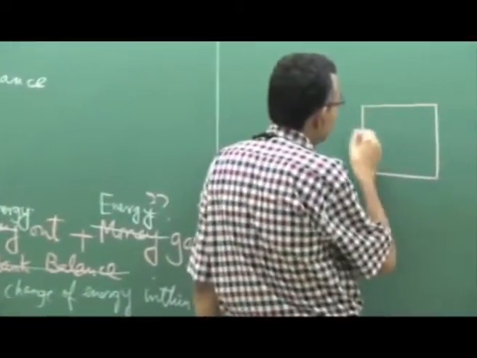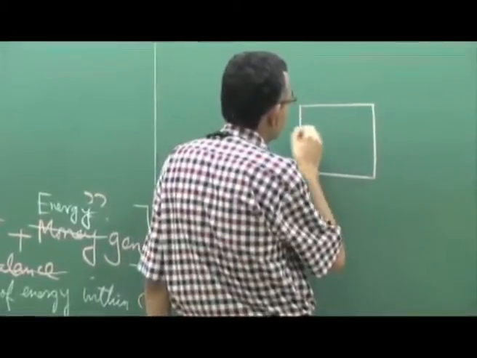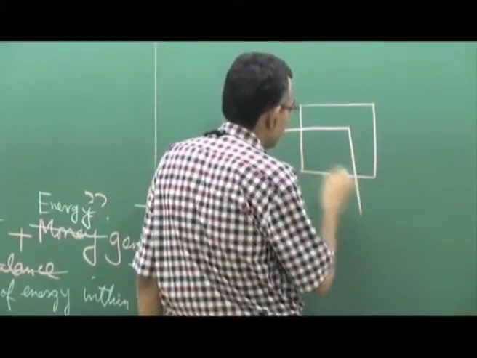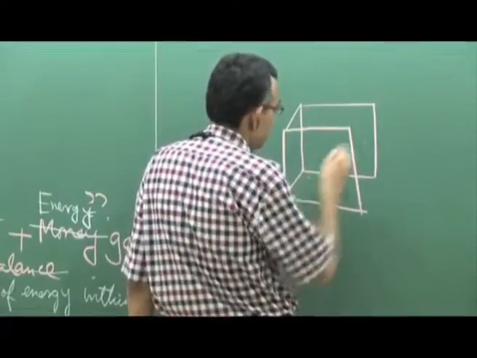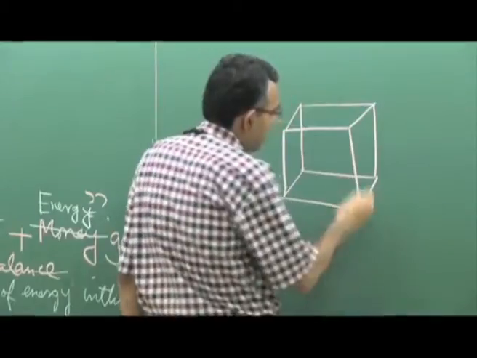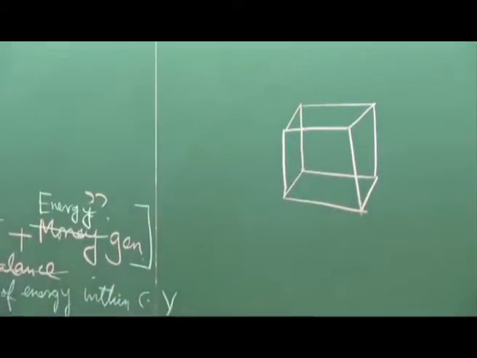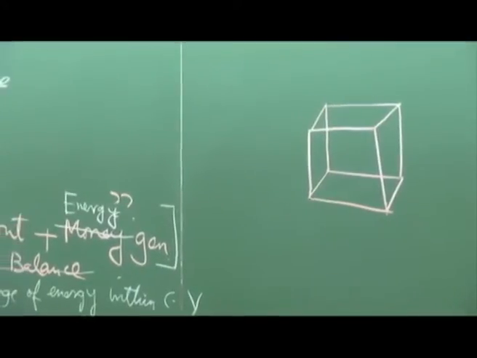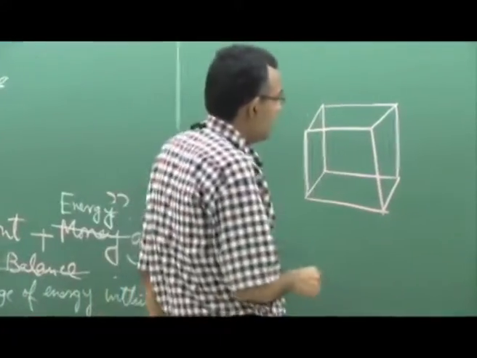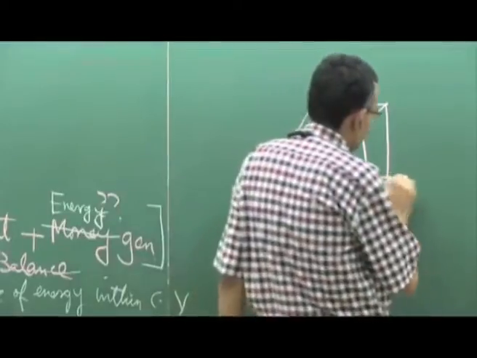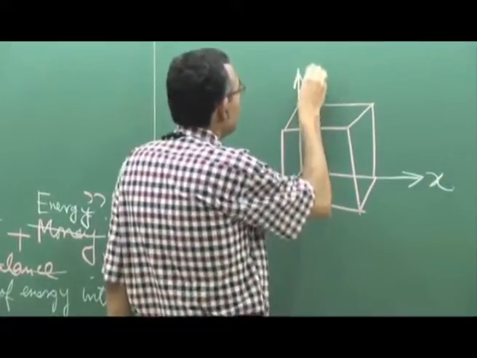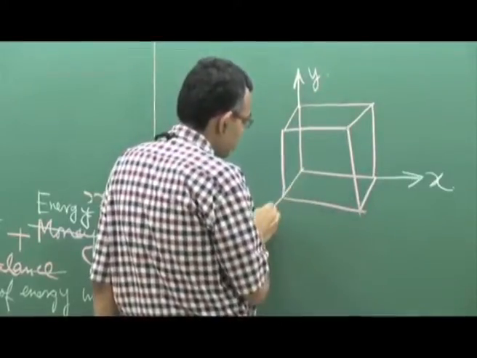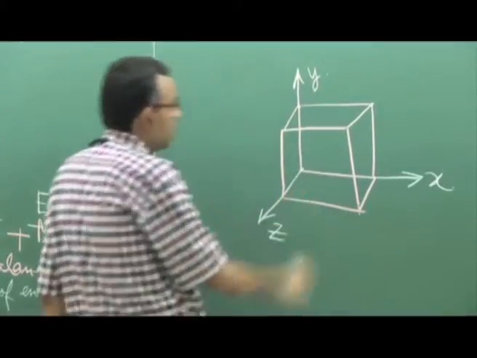So, to do that, let us say that we have a control volume like this, okay. So, let us say this is the x axis, this is the y axis and this is the z axis.